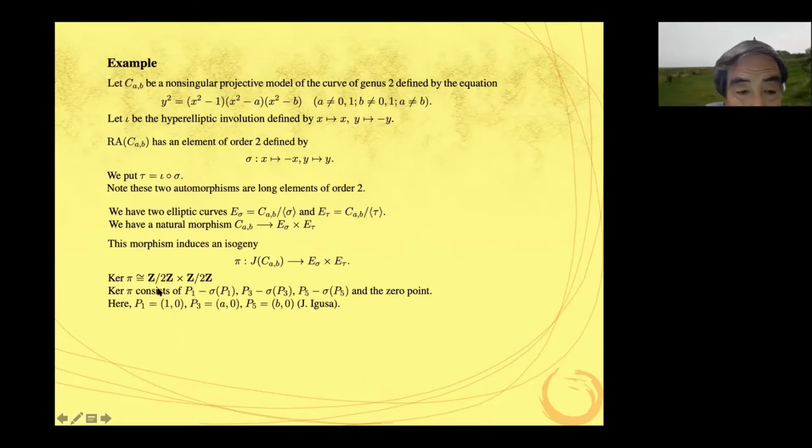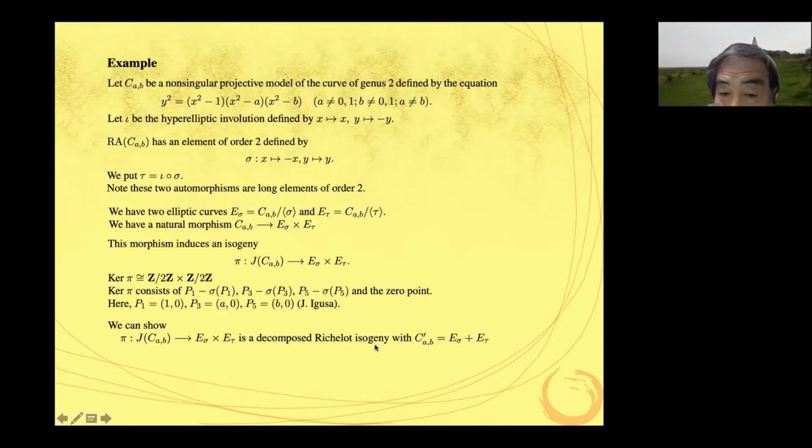The kernel of this is isomorphic to the product of Z over 2 cross Z over 2. And the kernel of pi consists of such elements, divisors on C_AB, like this. And so we can conclude this one is a decomposed Richelieu isogeny, with the polarization given like this.